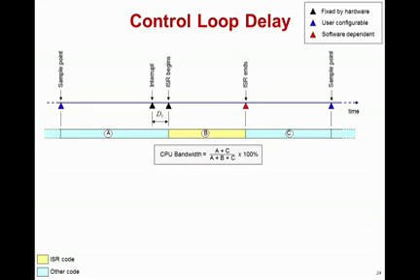Let's talk about the importance of control loop delay. The diagram here shows how you would typically process through a system. The first point, the blue triangle, shows a sample point on the ADC. This is the point at which you've measured in the value of the output, and you need to compute how the control law changes the output using the PWM.